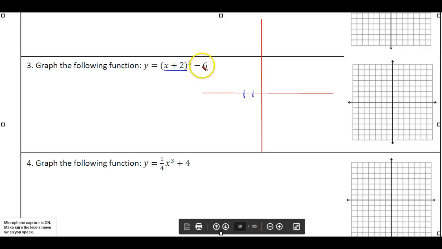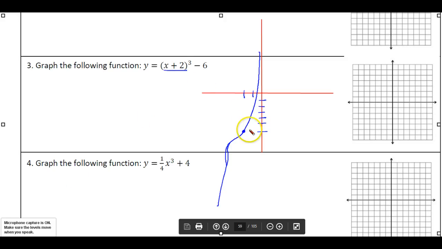And down, now this is our y-intercept, 6 units. So 1, 2, 3, 4, 5, 6. So this is going to be our point of intersection. And then this will look like something like this here. Again, I didn't draw that too well. Let's take a look at what it would do officially.